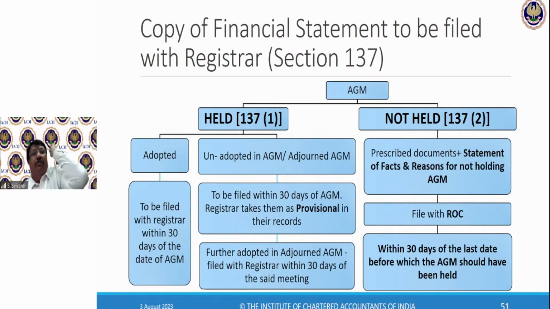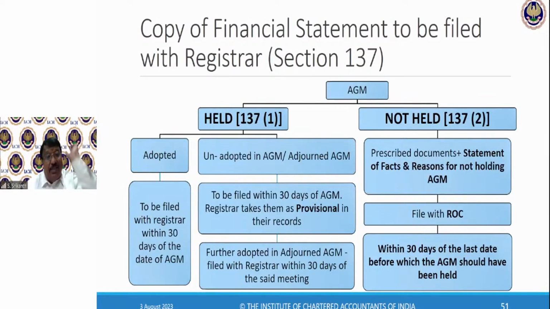And here you have to file the financial statement with the registrar. If you don't do it for 3 years, you are treated as defunct. So the financial statement has to be filed with the registrar. First of all, the basic question you have to ask: was the AGM held? Yes, it was held. Were the financial statements adopted by the members?